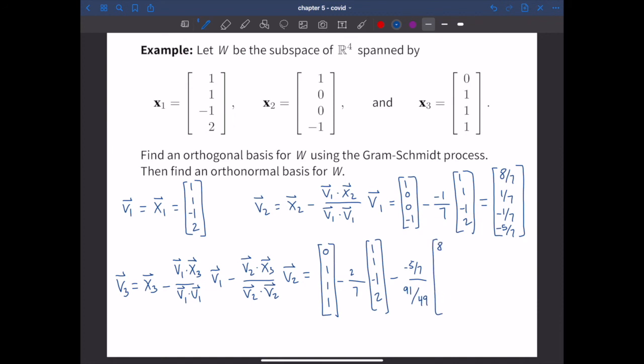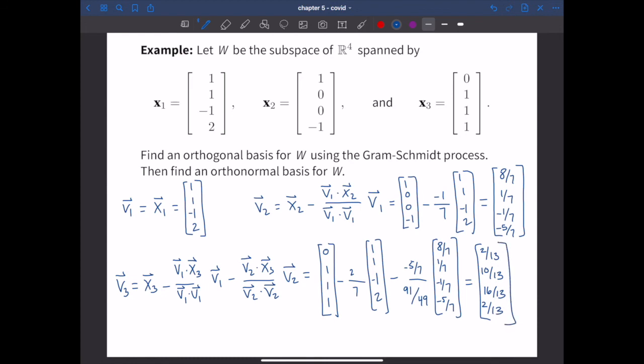Times v2, which is 8 over 7, 1 over 7, negative 1 over 7, negative 5 over 7, and if we add this up, we get 2 over 13, 10 over 13, 16 over 13, and 2 over 13.